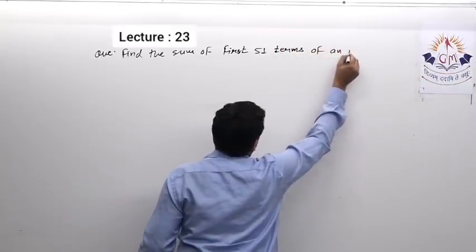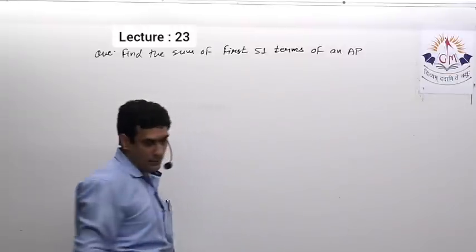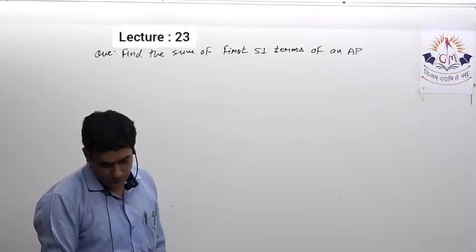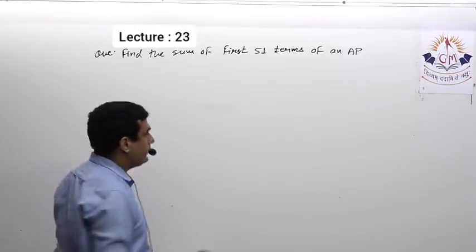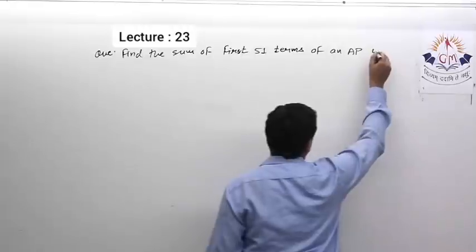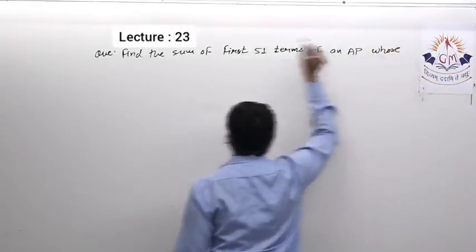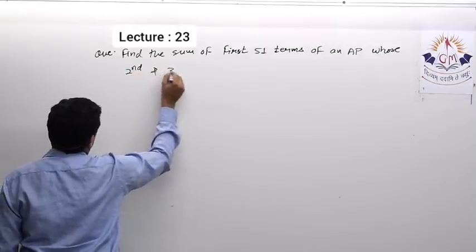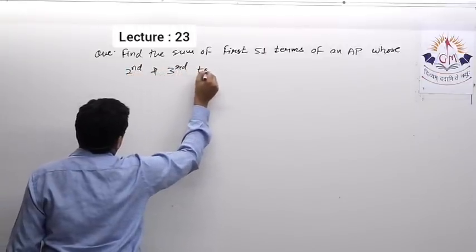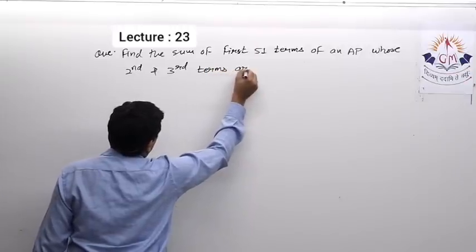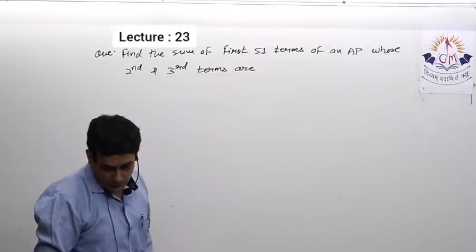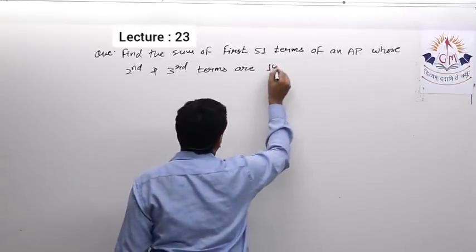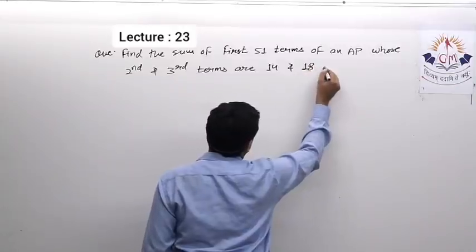Find the sum of first 51 terms of an AP whose second and third terms are 14 and 18 respectively.